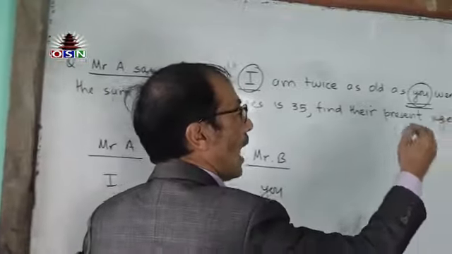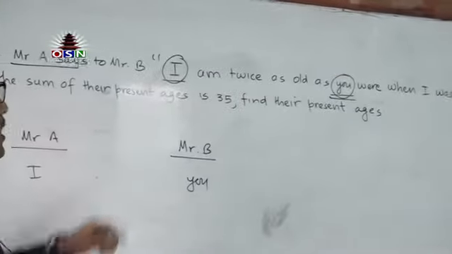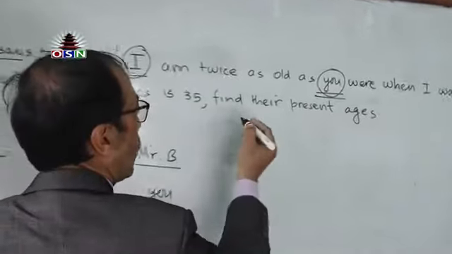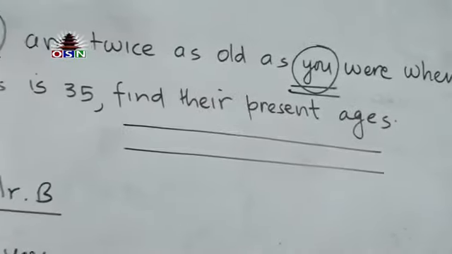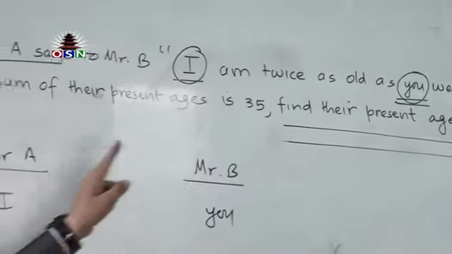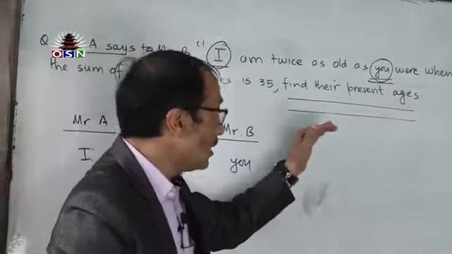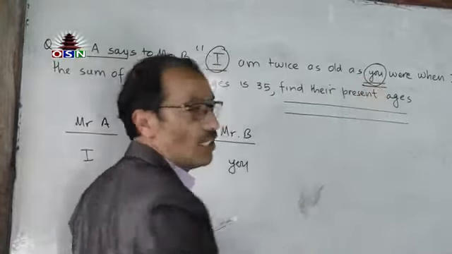"When I was as old as you are, the sum of their present ages is 35." Finally, the question is asking you to find their present ages, the present ages of Mr. A and Mr. B. In such kinds of verbal questions, what do you find first? What is the question asking you? You should be clear.